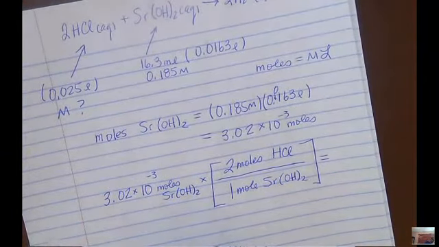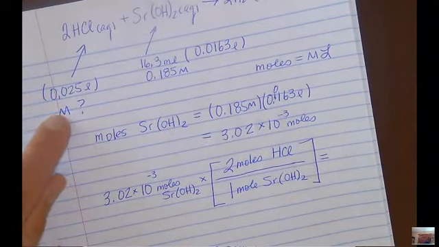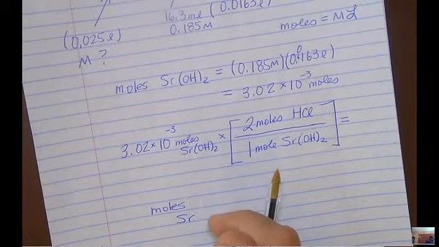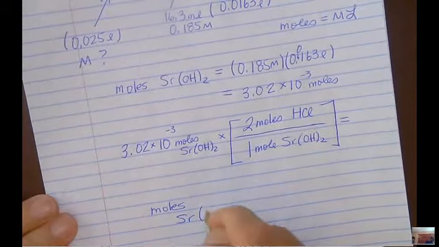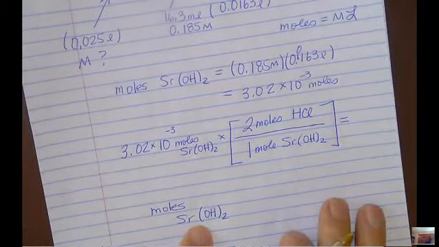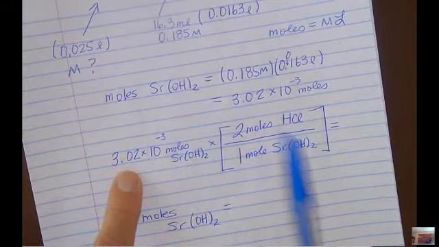And then the last step is, if I want the concentration, I know the moles and the liters, I can just divide them. So the moles of Sr(OH)2 is going to be just this number times 2.